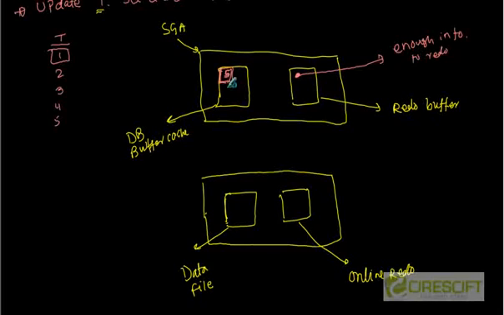Alright, and then Oracle is also going to see the old value. The old value in this case was 1. That old value will also be stored in this buffer.